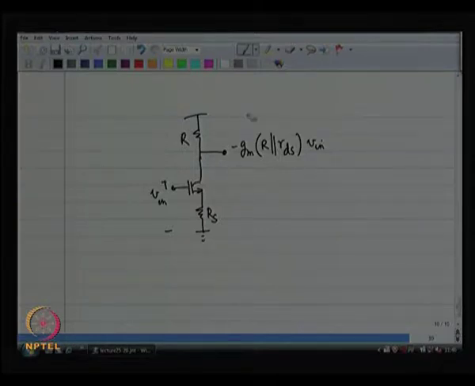The gain is going to be something like R by RS, almost equal to this. Okay. This will work as long as RS is very large, rds is very large, gm is large.